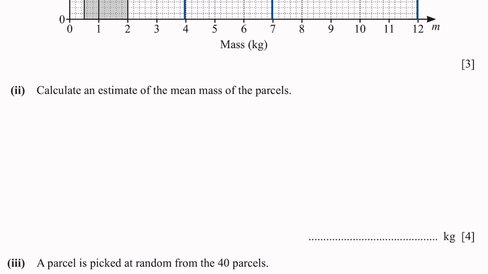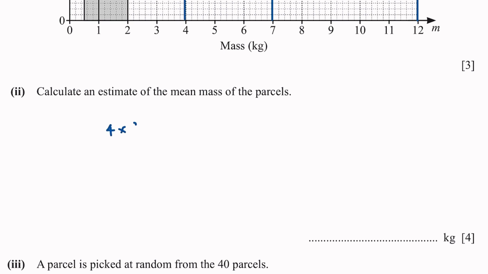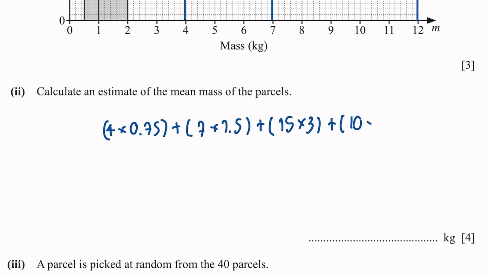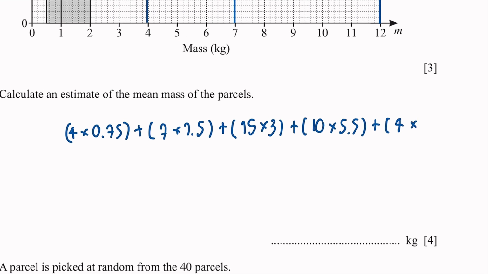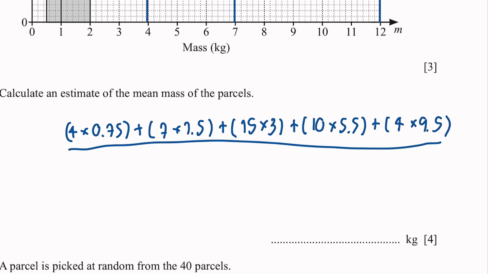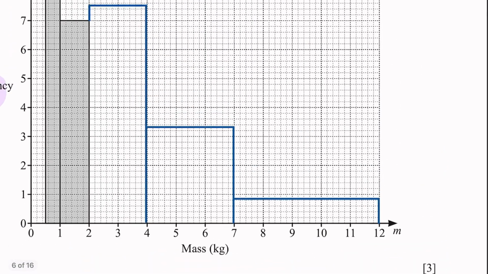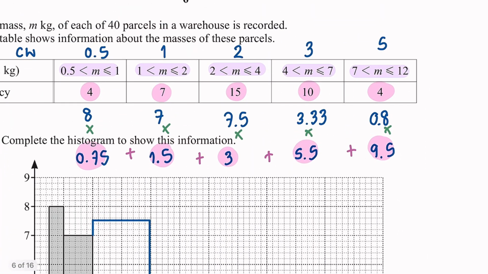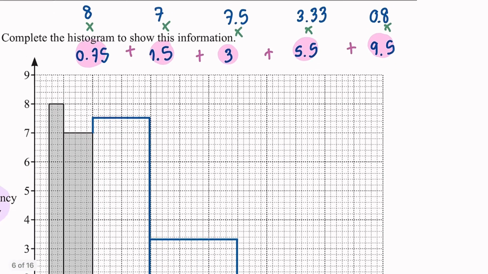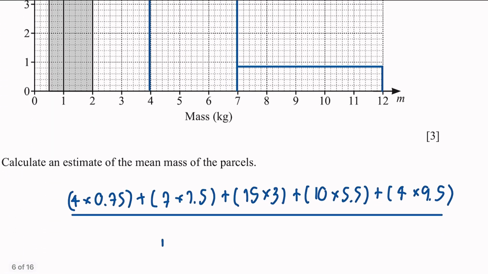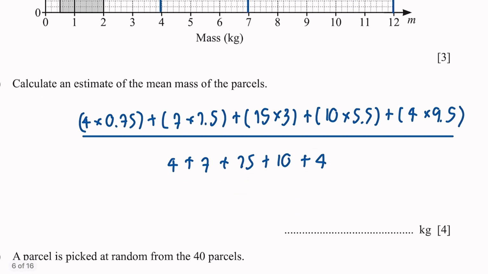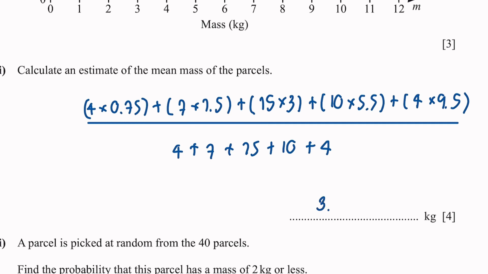Which can write as over the sum of the frequencies, which is 4 plus 7 plus 15 plus 10 plus 4. Therefore, you will get 3.7875.